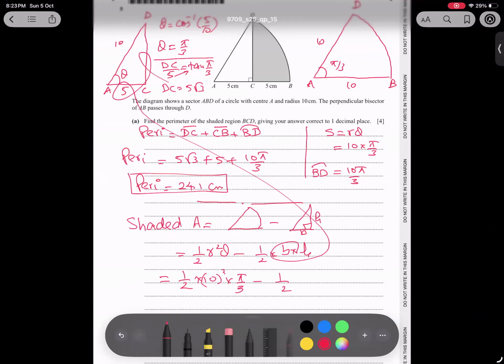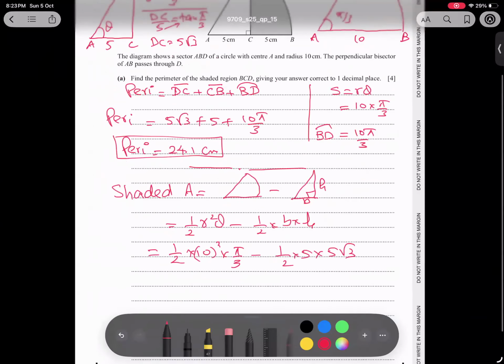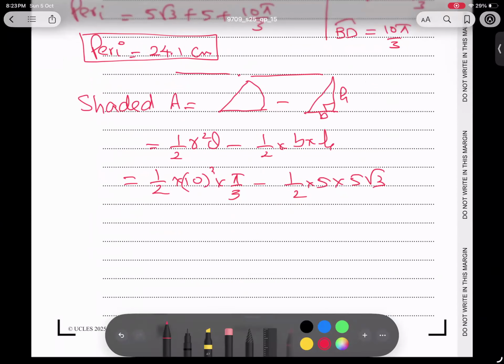Base is 5 and height is 5 root 3. Repeat my words: 10 squared is 100 and pi. So I can say it is 100 pi divided by 6. And here 25 root 3 by 2.